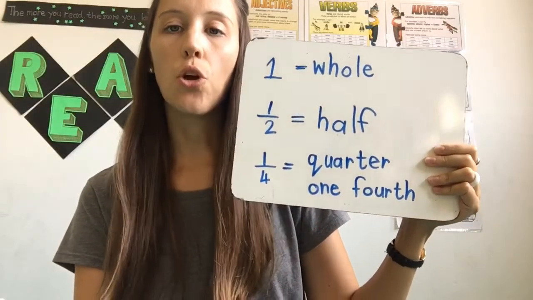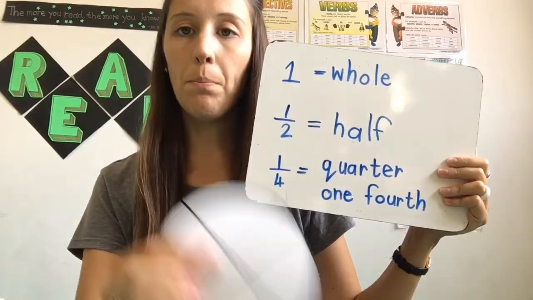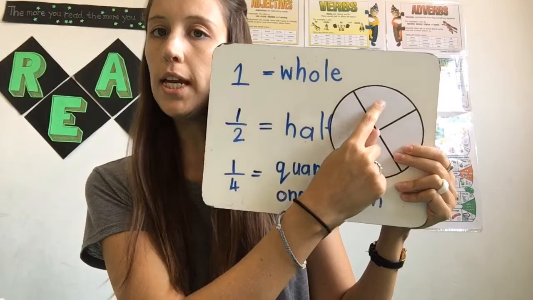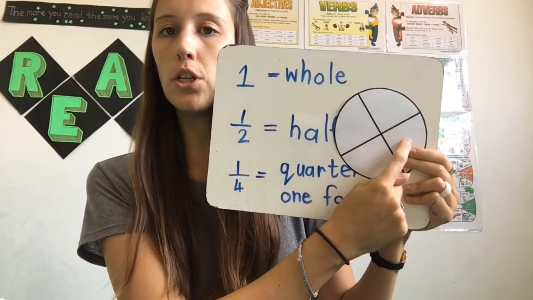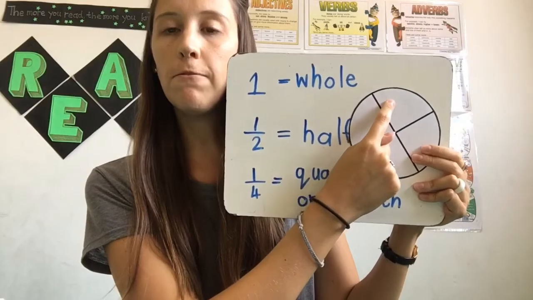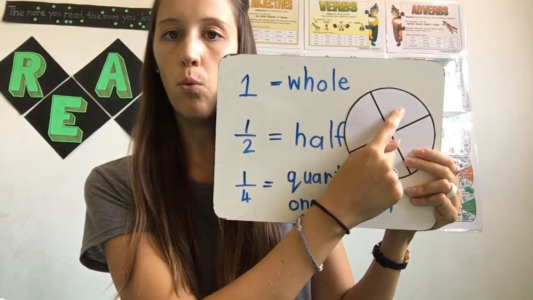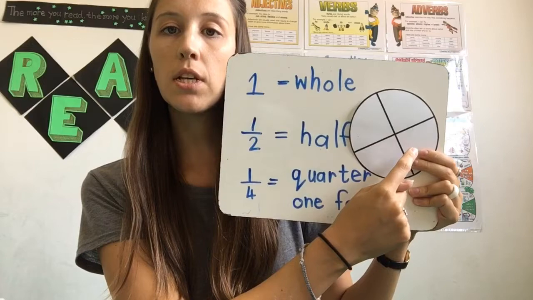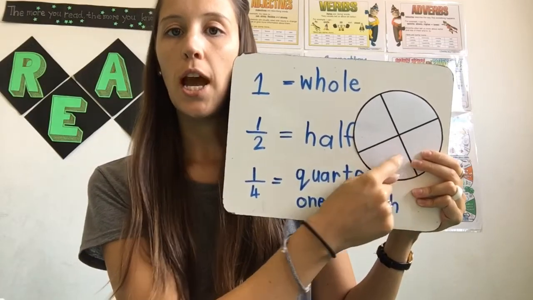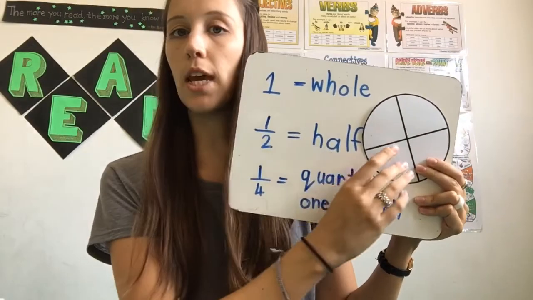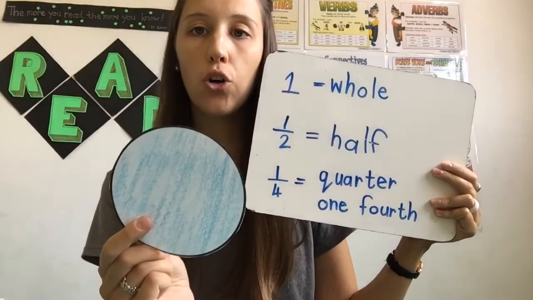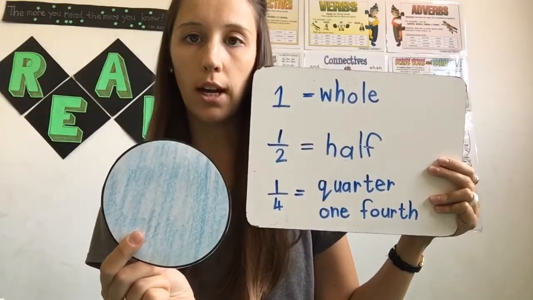So when we cut something into 4 pieces, we can also call it a quarter. Each piece is a quarter or 1/4. So we have 1/4, 2/4, 3/4, 4/4. And when I put all my pieces together, I will have 1 whole bar of chocolate.